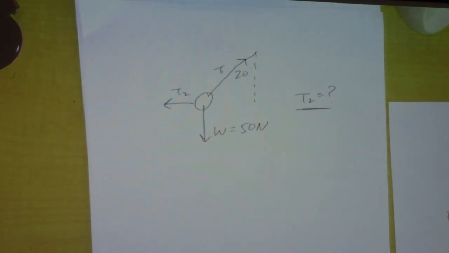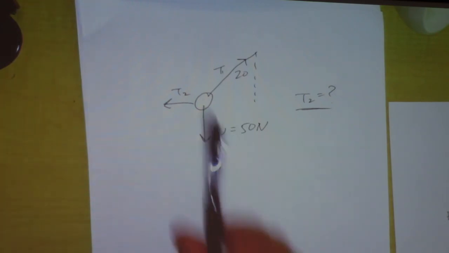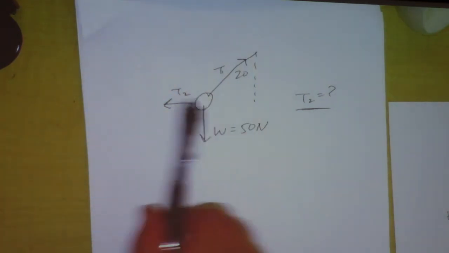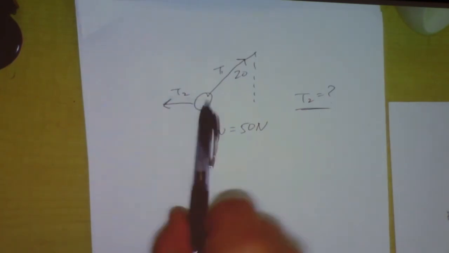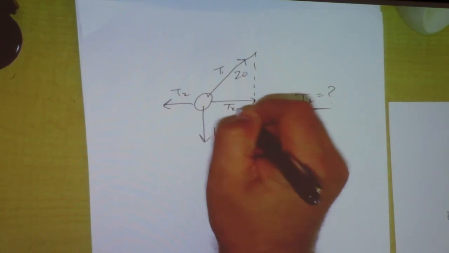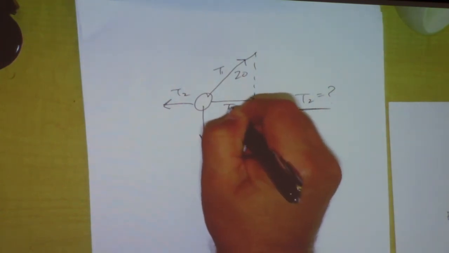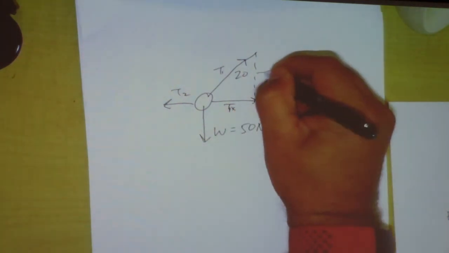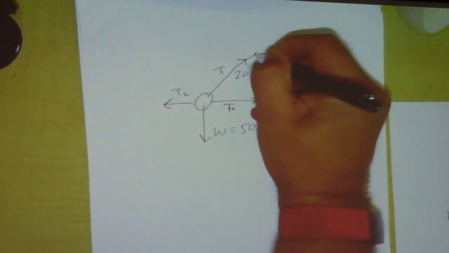Excellent. So one thing to realize is nothing's moving at this point. So whatever force we have up is equal to whatever force we have down. Whatever's to the left has to be equal to whatever's to the right. So this is just up and down, and this one is just left or right. This T1 has a part in the x direction, so I'm going to call that T1x, and then it has a part in the y direction, so T1y.